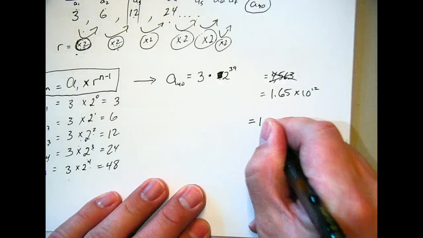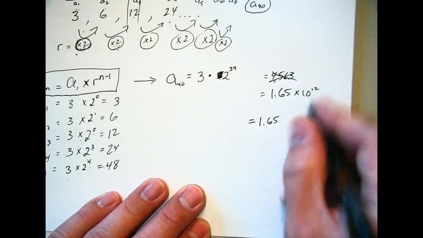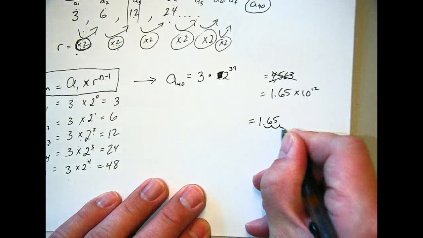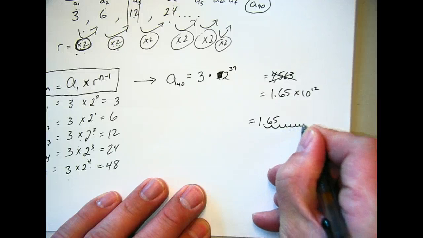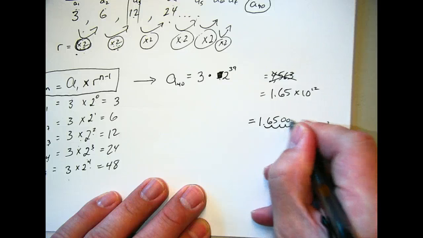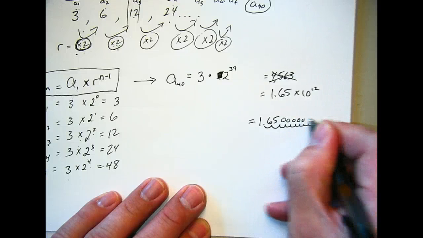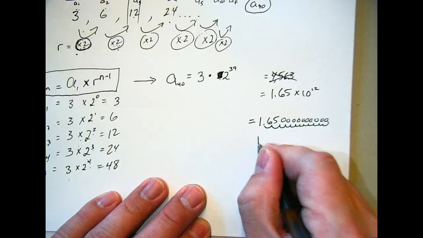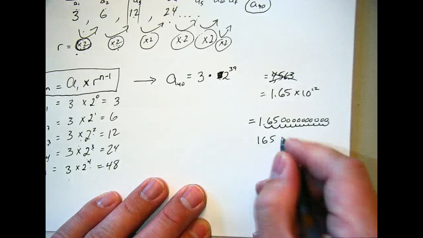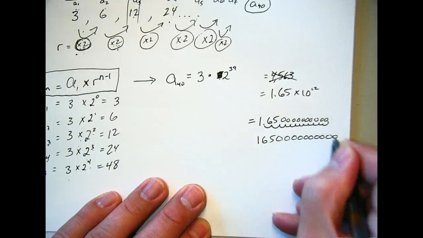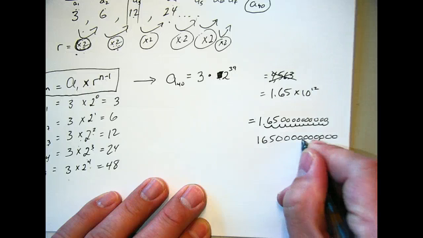That means 1.65 times 10 to the 12th means you move this decimal over 12 times. 1, 2, 3, 4, 5, 6, 7, 8, 9, 10, 11, 12. And all these other blanks. Now on the calculator it showed a bunch of numbers, so you could have kept those numbers. But for the sake of what we're doing, it'd be 165 and then that's the number we're looking at right there.